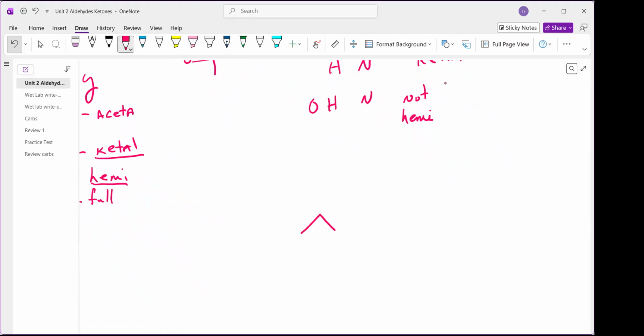In fact, let's do this. Let's start with that. Add to that a 3-carbon alcohol.